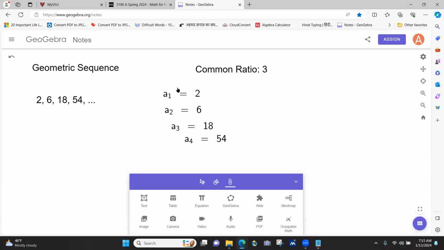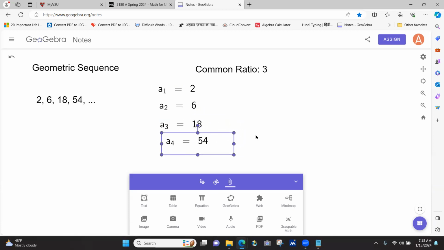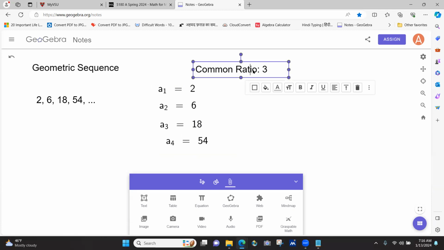All right, that's good enough. The first term is the first term, just like arithmetic sequence, A1 is the first term, A2 is the second term, A3 is the third term, and so on and so forth. Now, we generally use the letter R to represent common ratio.